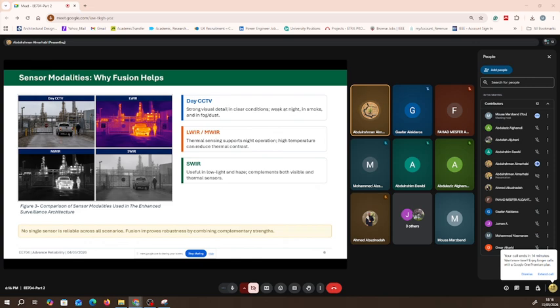The S-Ware provides useful support in haze and low light, and in some degraded visibility conditions. The important point is that no single sensor performs best in every environmental scenario. Therefore, fusion improves system reliability by combining complementary strengths. If one sensor is degraded, other sensors may still detect the event.